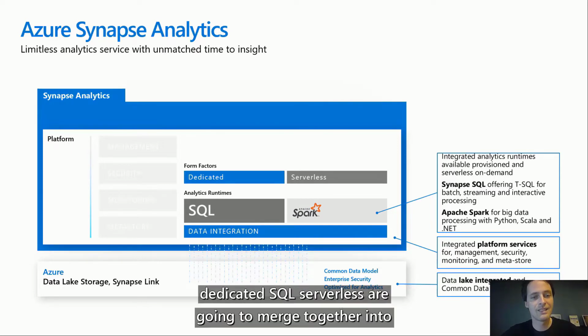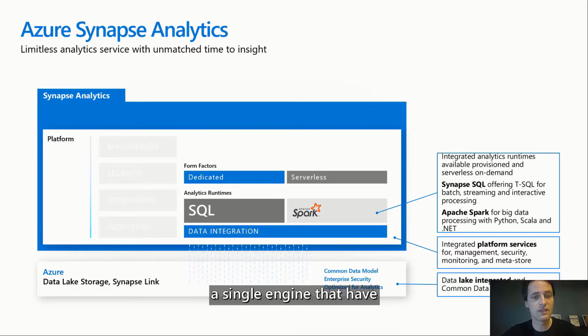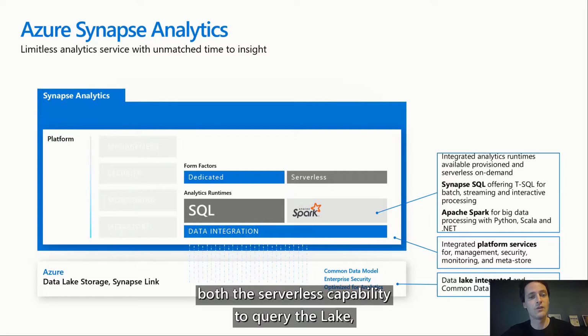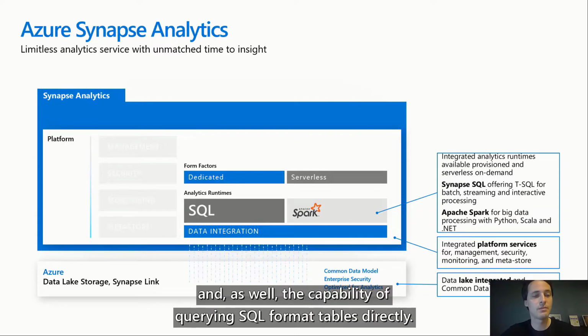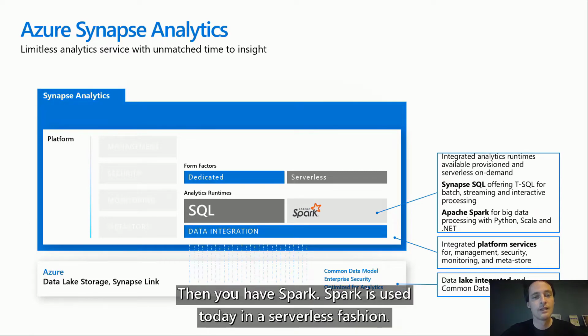Dedicated SQL pool and serverless SQL are going to merge together into a single engine that has both the serverless capability to query the lake, the logical data warehouse capabilities, and as well the capability of querying SQL format tables directly. Then you have Spark. Spark is used today in a serverless fashion.